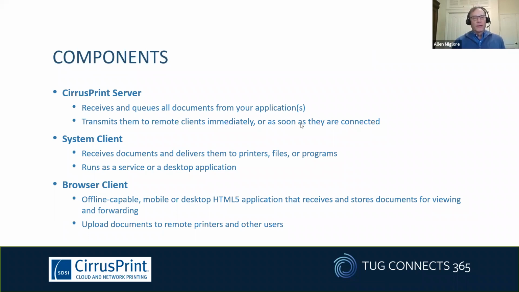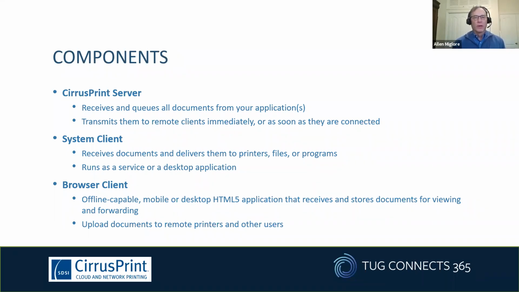Okay, so CirrusPrint is made up of several components. There is a server piece that you install on a machine somewhere. It can be in your network, or it can be on AWS or Azure, basically anywhere. The only requirement is that it is something that the system clients and browser clients, which are the other components, can reach through an HTTPS connection.